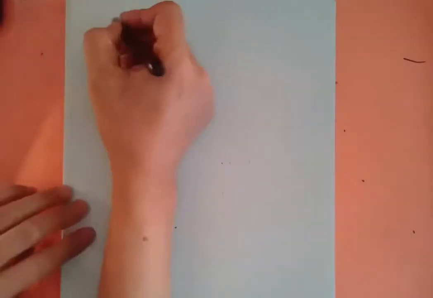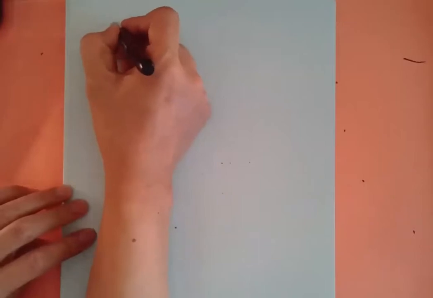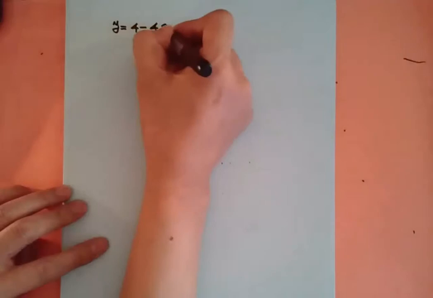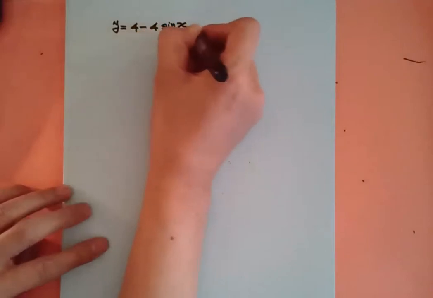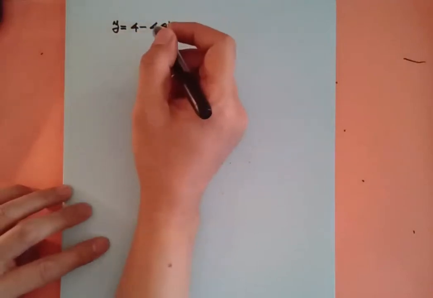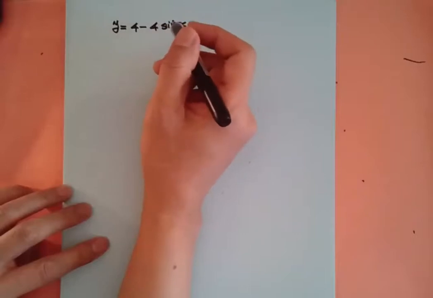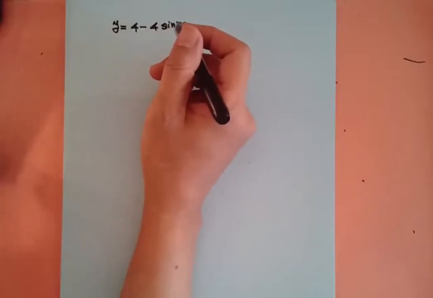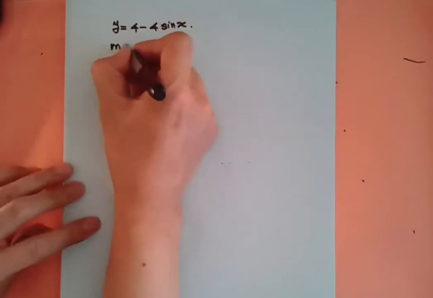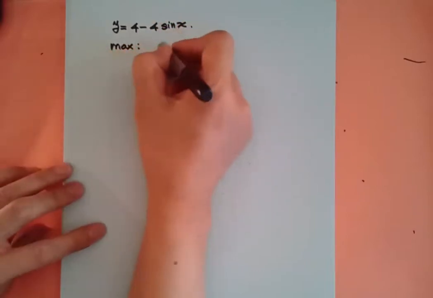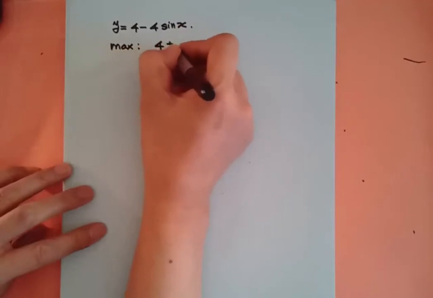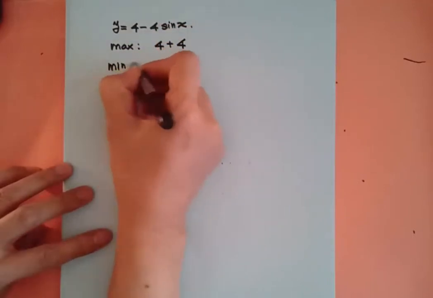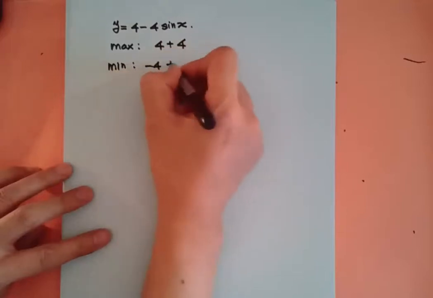So in the graph, y equals 4 minus 4 sine of x, the vertical shift is up 4 units, so the maximum will be 4 plus 4, and the minimum will be minus 4 plus 4.